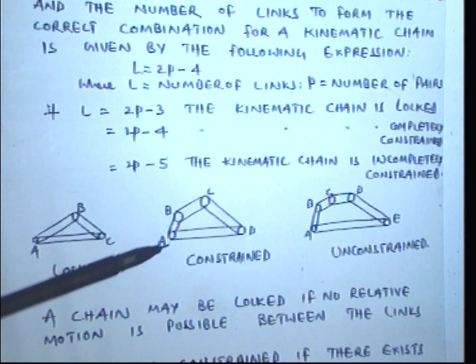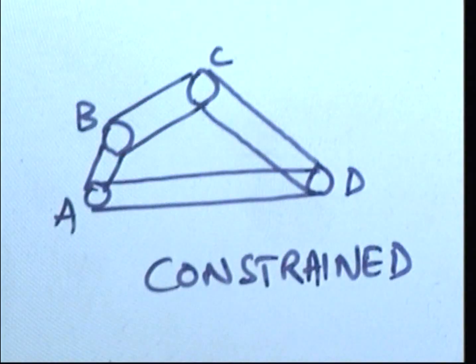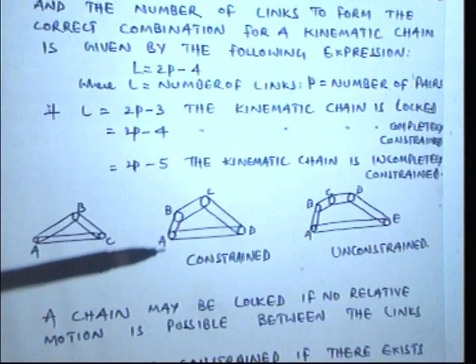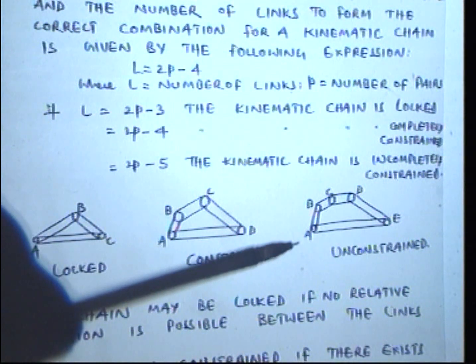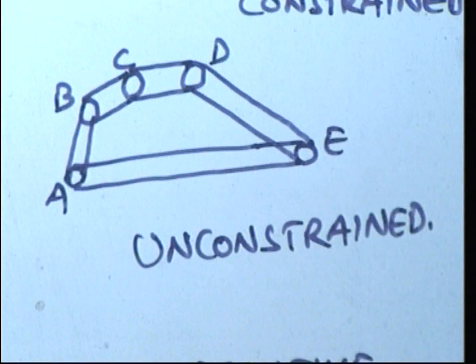Coming to the constrained kinematic chain, we have 4 links here, and the relative motion between any 2 links is totally constrained. That is, the motion is transmitted in a definite direction. Coming to unconstrained kinematic chain, here you observe 5 links, and in this chain the motion is totally unconstrained.